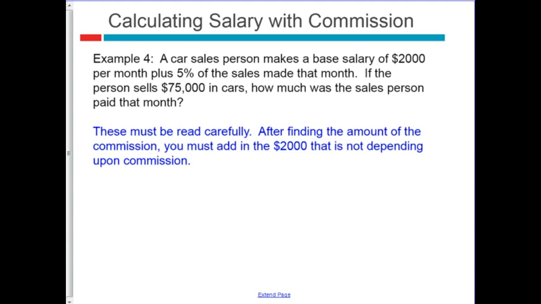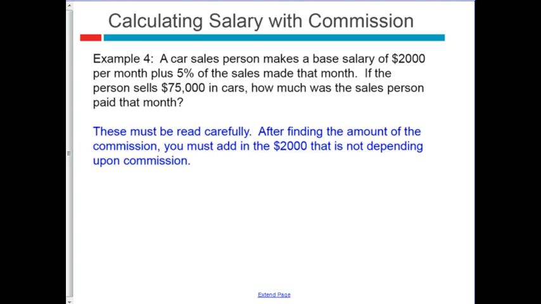Example 4. A car salesperson makes a base salary of $2,000 per month plus 5% of the sales made that month. If the person sells $75,000 in cars, how much was the salesperson paid that month? You must read this problem very carefully.